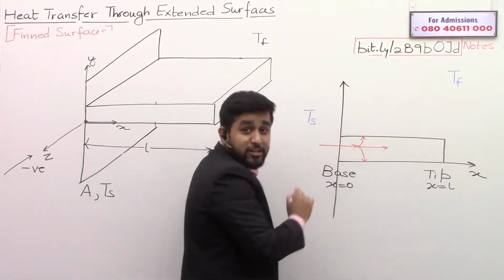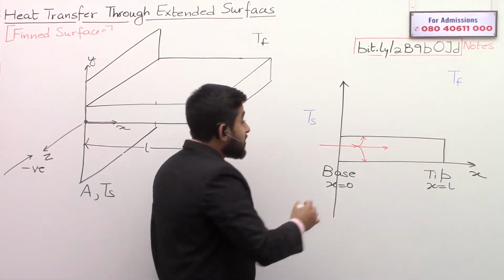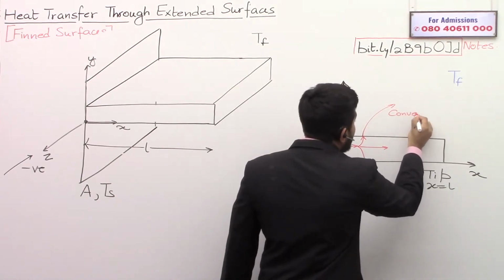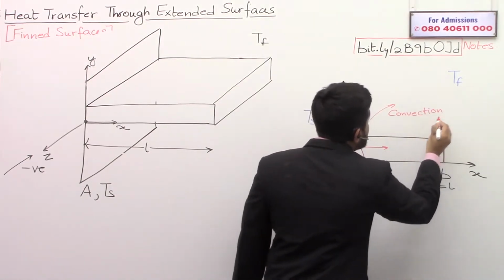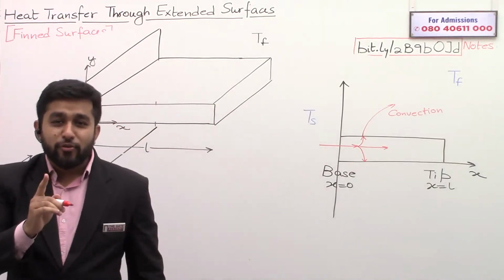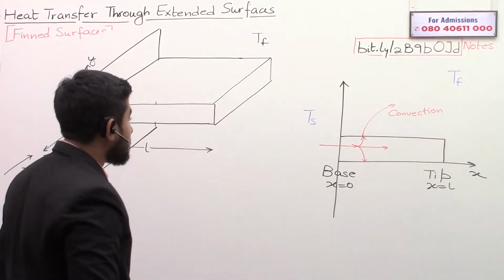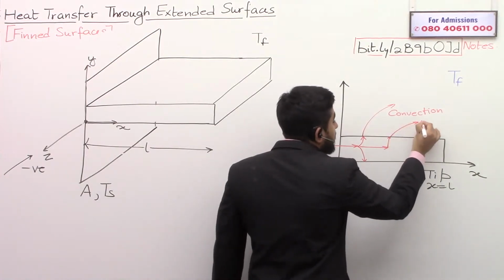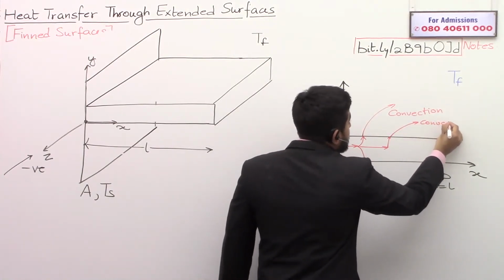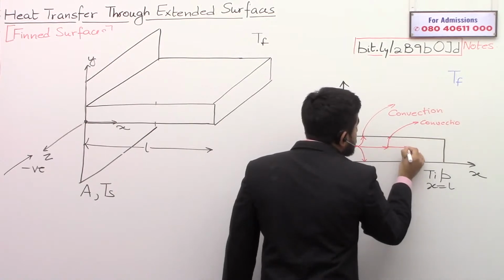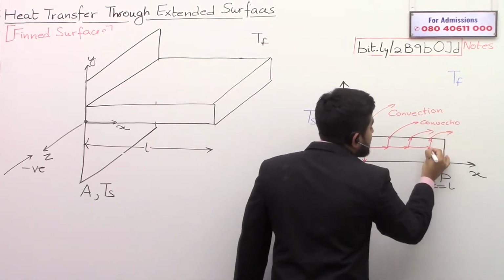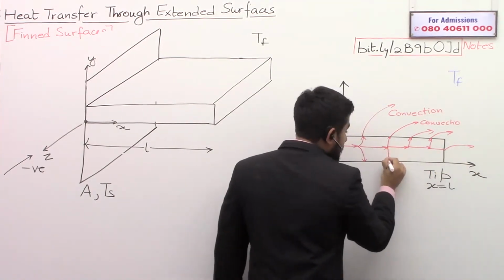Now the part of the heat which reaches the periphery will go out into the atmosphere by convection. Is that right? From the solid surface to the fluid, the heat will go by convection. And similarly here also, this part of the heat will go into the atmosphere by convection, but it will move inside by conduction. Then like this, you can show the flow of heat in the entire material.